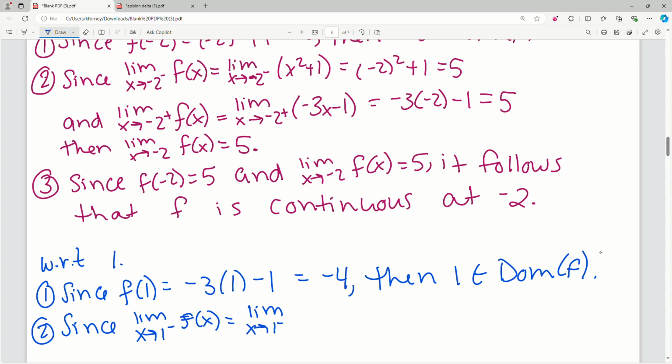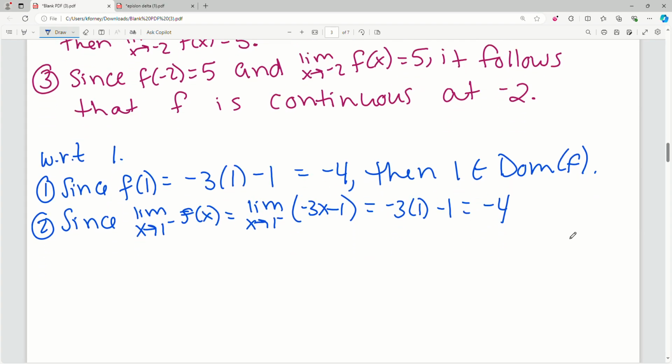So from the left, we're looking at the negative 3x minus 1, the middle function, and that gives us negative 4. So far, it looks like we're on the right track. And so now we want to look, what's the limit as x approaches 1 from the right?